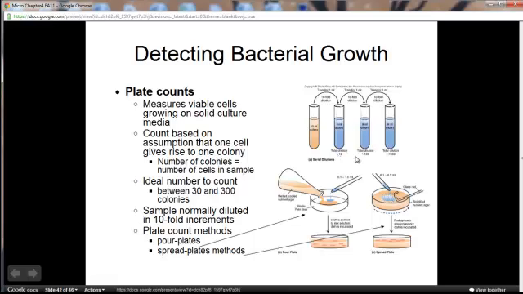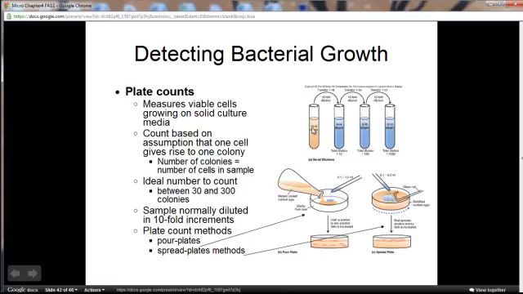1 in 10. Now, still, that's probably not going to be diluted enough to get isolated colonies on your plate. So you're also going to have to continue the dilutions. And to continue it, you're going to take 1 milliliter from here, this first dilution, and then transfer it to a new fresh tube. Again, if you transfer 1 milliliter here, and you had 10 milliliters here originally, now you've transferred 10% of your population.